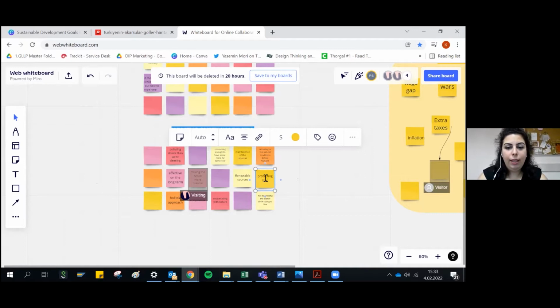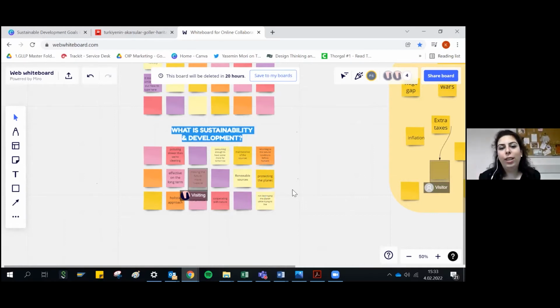Protecting the planet. Okay, I think we have more or less the same idea of sustainability. We got some definitions, we got some sustainability ideas in terms of environment. We have cooperating with nature.